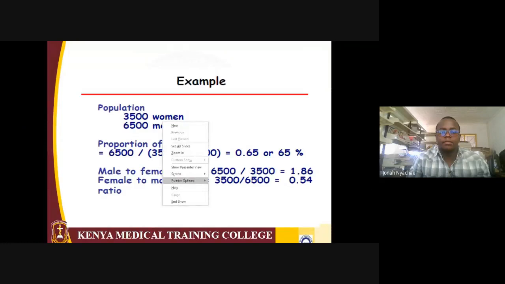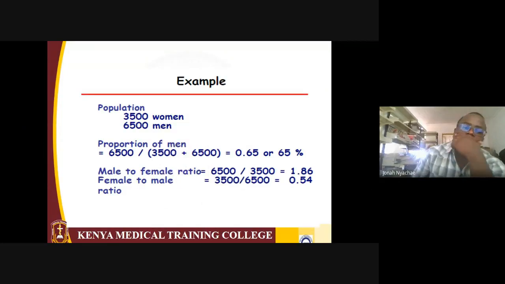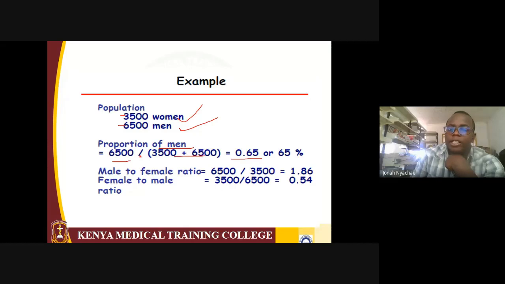So here, for example, we have the population, women and men. The proportion of men is 6,500 divided by 10,000, which gives us 0.65 or 65%.